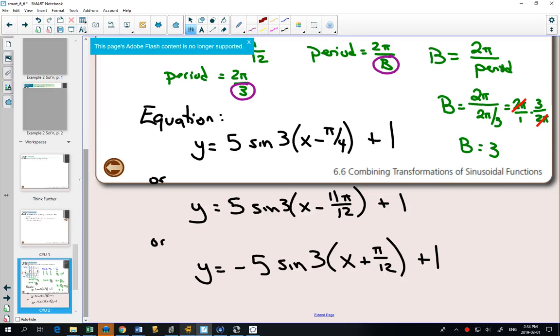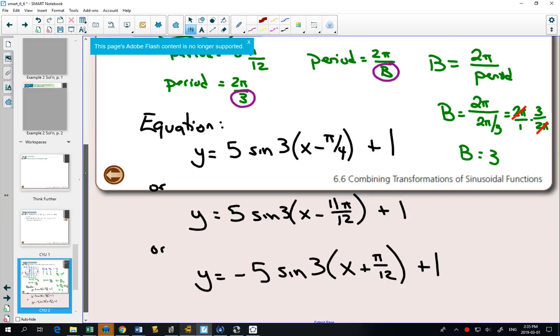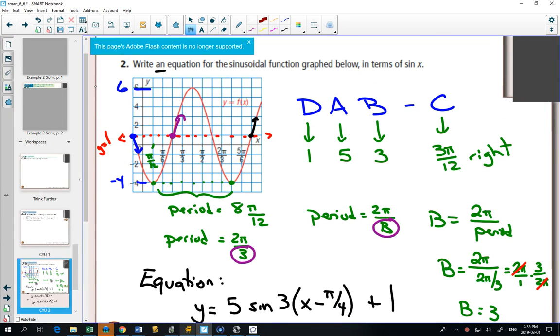Did this have to be a sine graph? I mean, the question asked for a sine graph, so in that case, yes. But could we write an equation for this with a cos graph? Where does a cos graph start? At a maximum. Do we have any maximums on here? Sure enough, we have a maximum right here, 1, 2, 3, 4, 5 pi over 12 to the right.